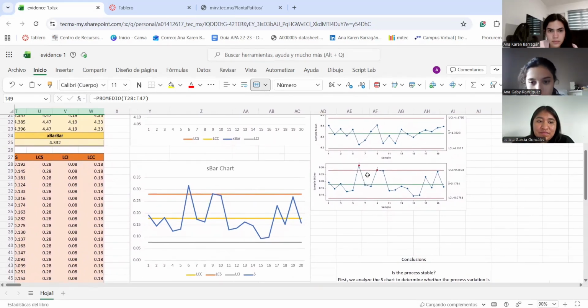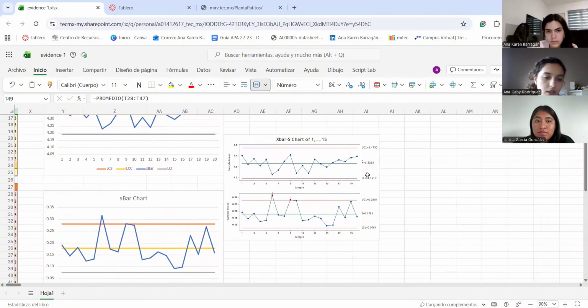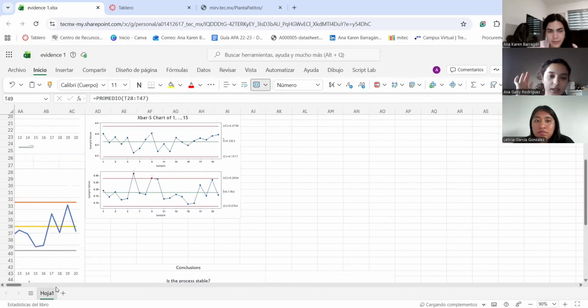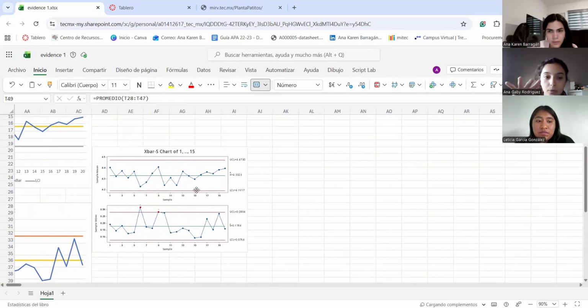So once we got the S chart, I think what it is telling us in the Minitab version, another teammate helped me do the analysis, but what I remember is that because all the points are within the two red lines, which are the upper specification limit and the lower specification limit, that means the process is in control regarding the means between each subgroup.